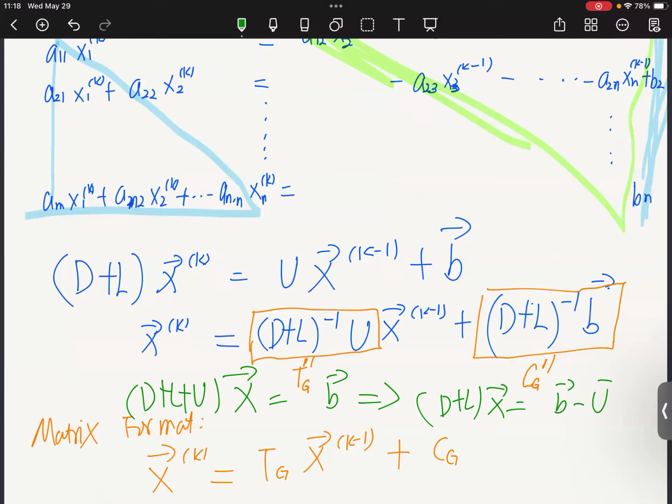Minus Ux. There's something wrong here, I guess. Am I right for the U matrix? Let me check, something is wrong with my L matrix here.